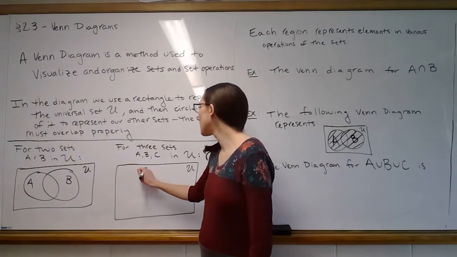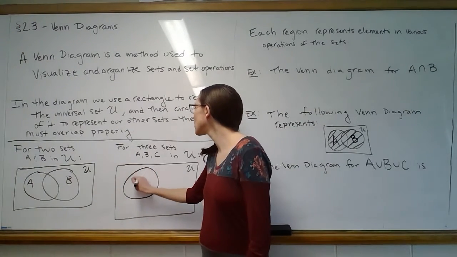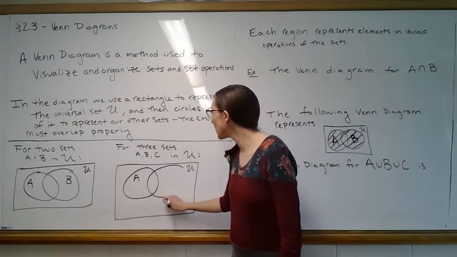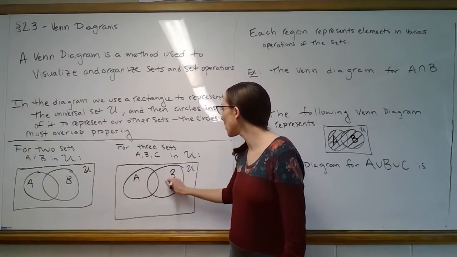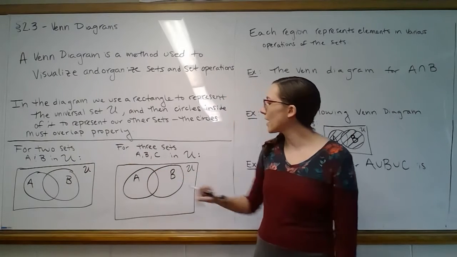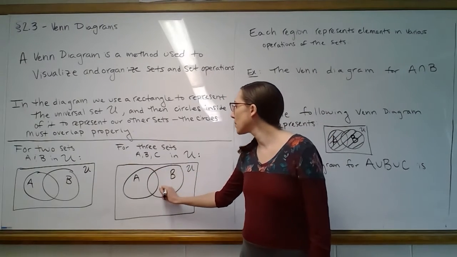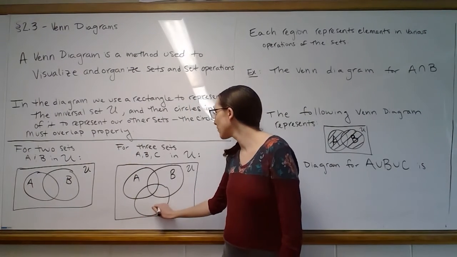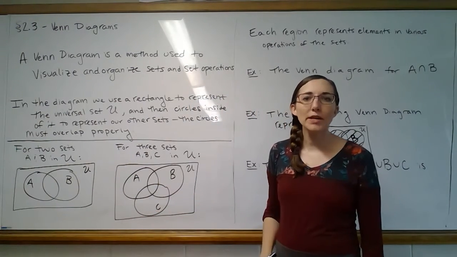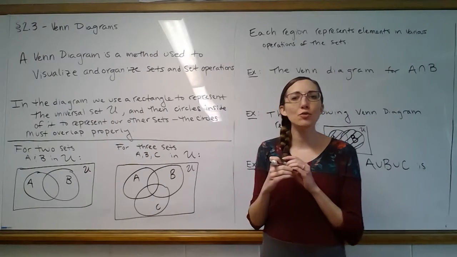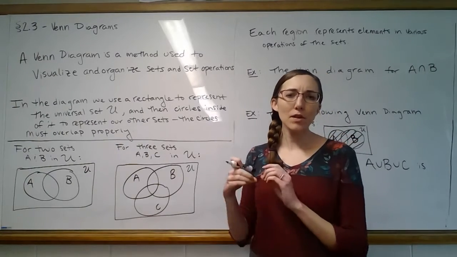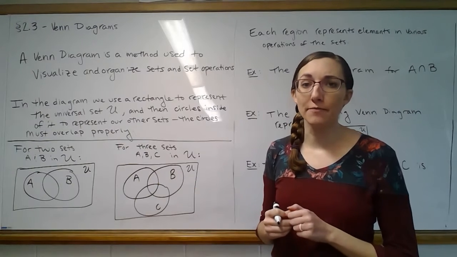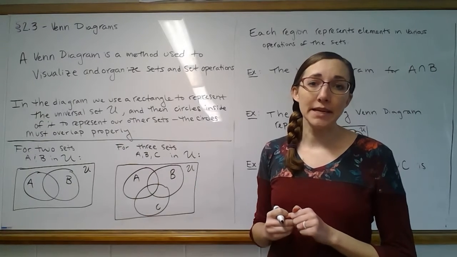So what we're going to end up with, we'll have 1 circle to start off with for set A. We'll have a second one for set B. So far it looks just like the Venn diagram for 2 did. And then I'm going to put a last third one towards the bottom here for set C. So what we can see is any 2 of the circles, if we just focus in on those 2 circles, it looks just like the Venn diagram for 2 sets did.